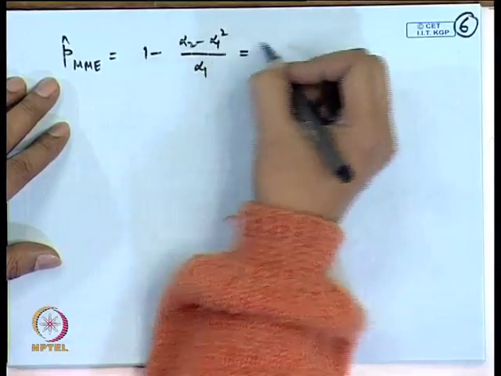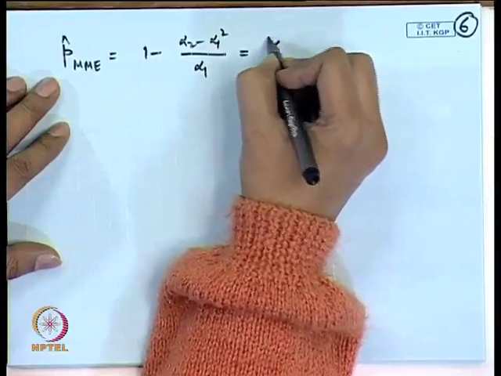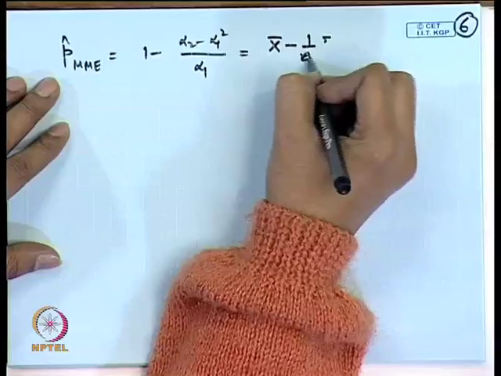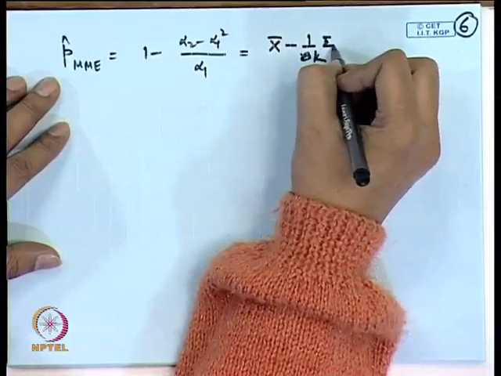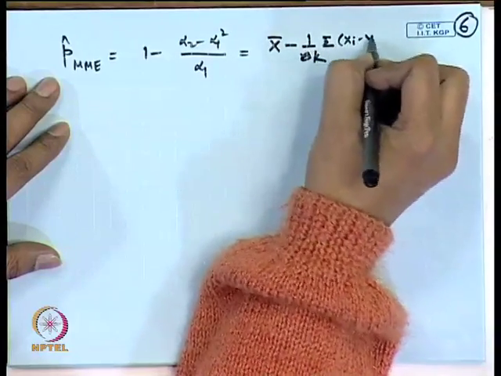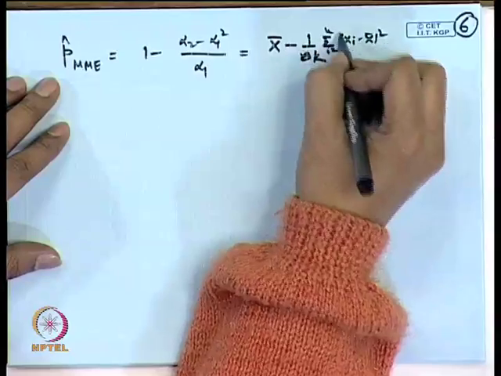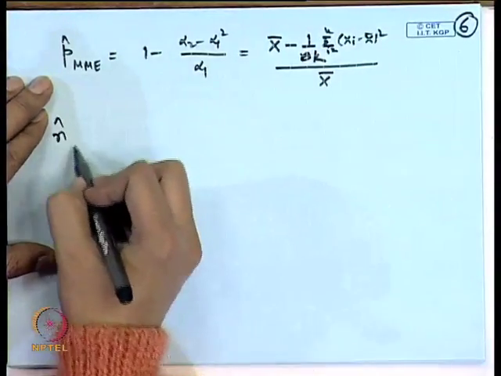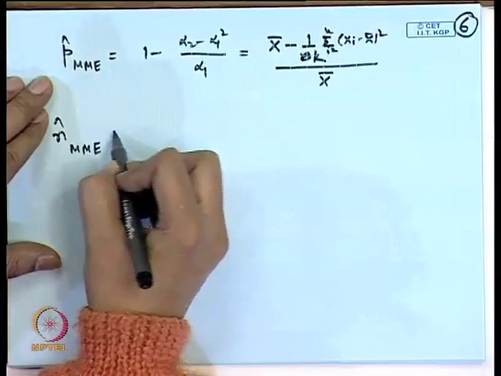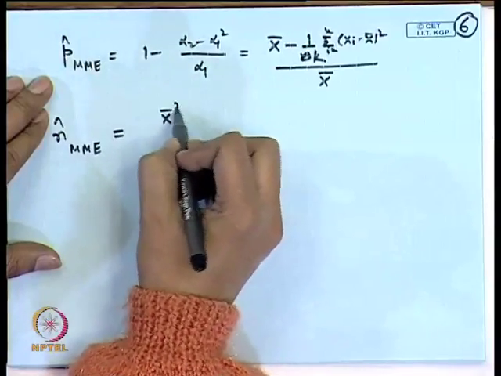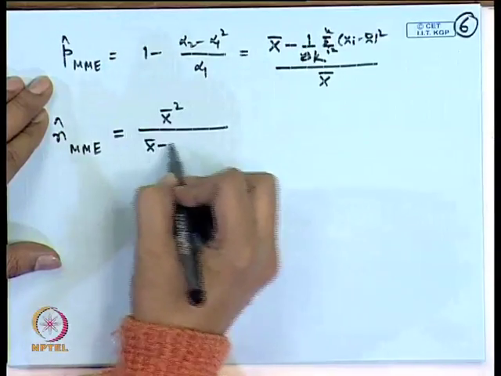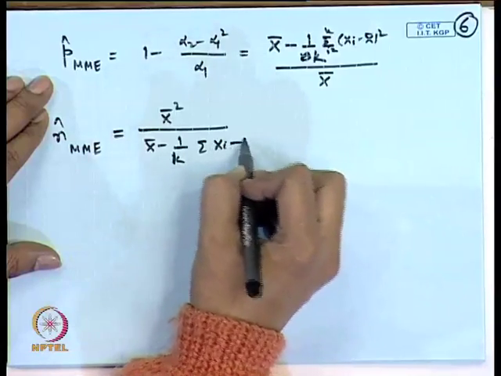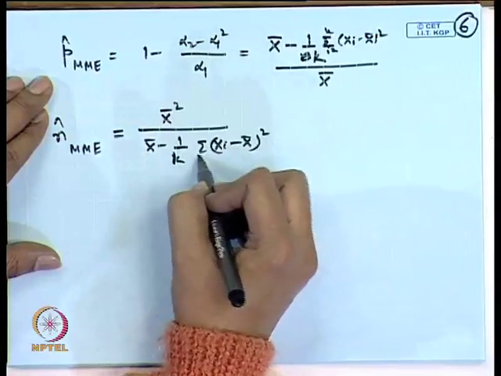So, if you substitute those values, this turns out to be X bar minus 1 by k sigma Xi minus X bar square, i equal to 1 to k, divided by X bar, and n is estimated by X bar square divided by X bar minus 1 by k sigma Xi minus X bar square, i equal to 1 to k.